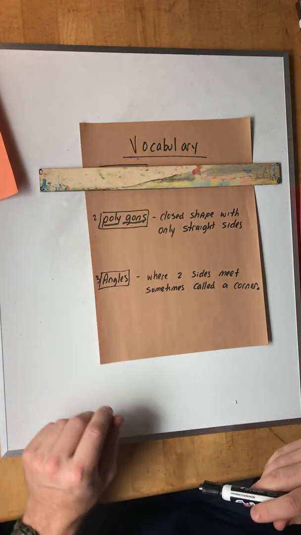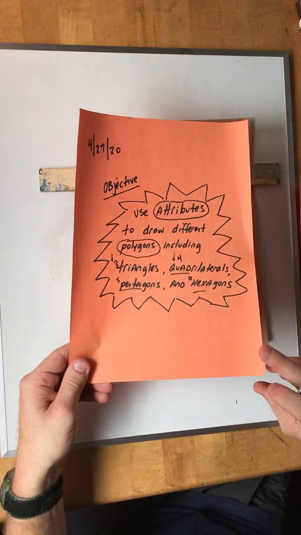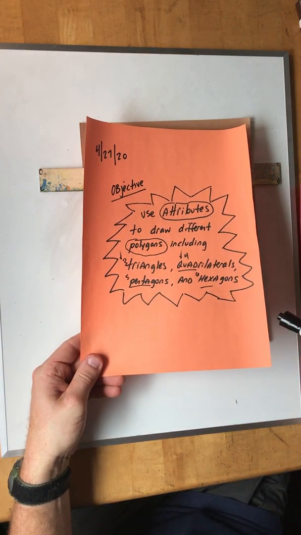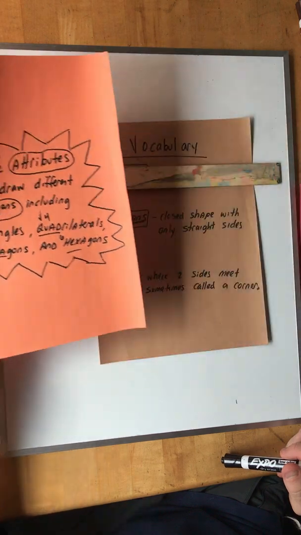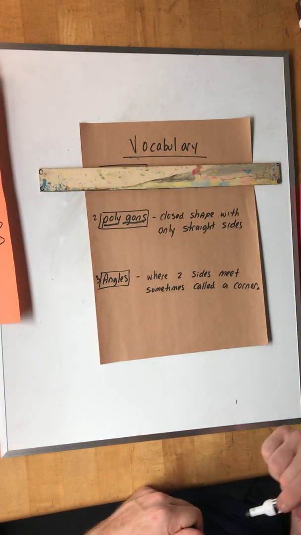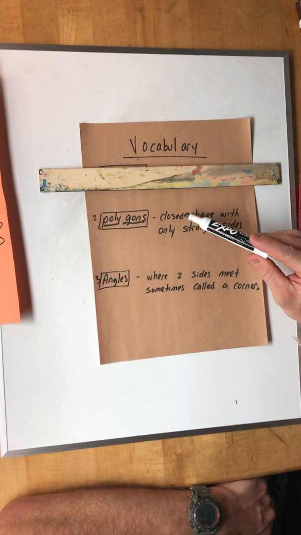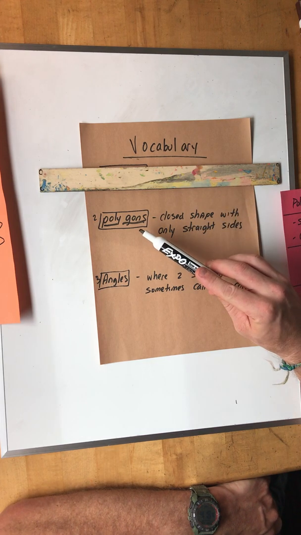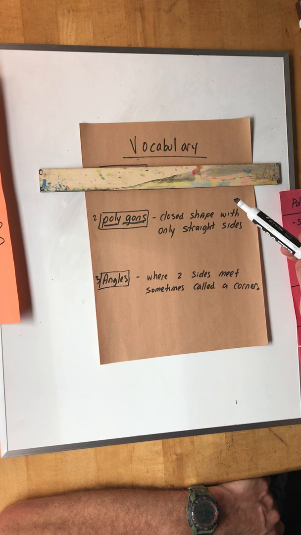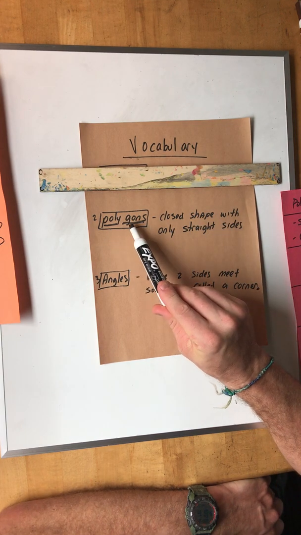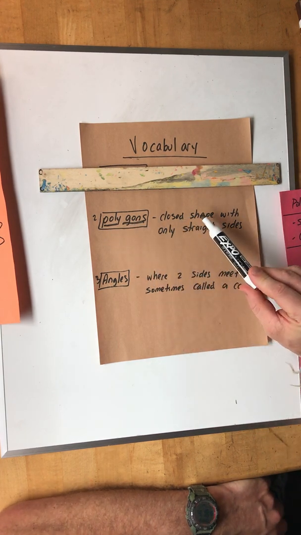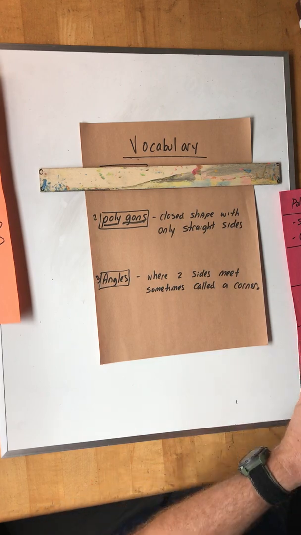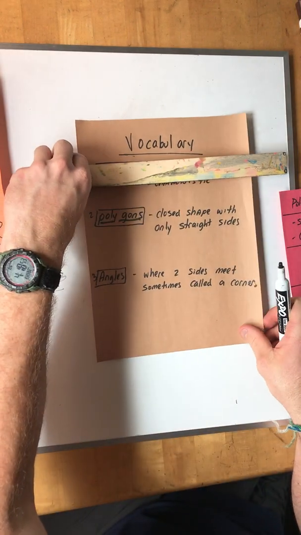Second vocabulary word from our main objective. Polygons. A polygon is a closed shape with only straight sides. So say it with me. Polygons. A closed shape with only straight sides.